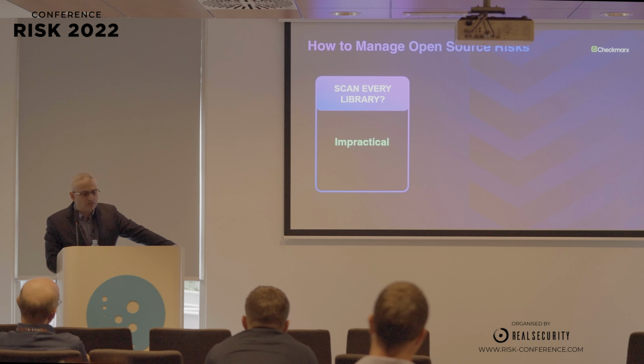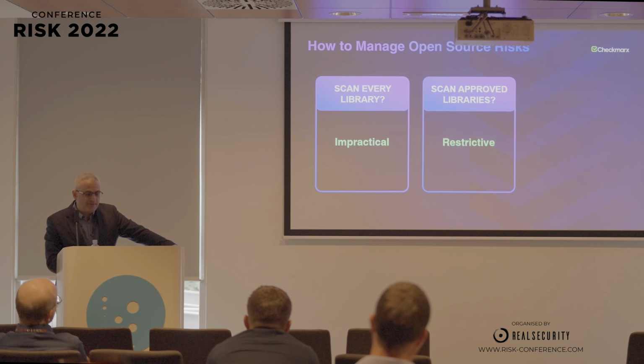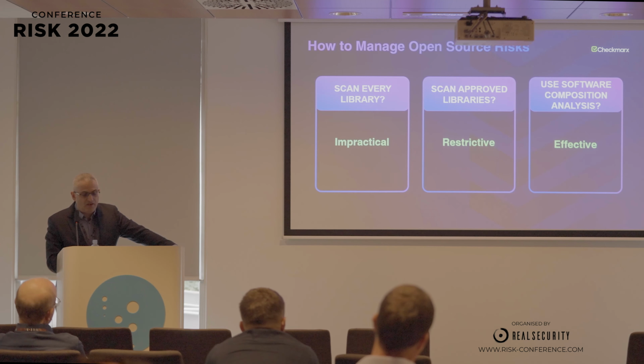You see, it's 2 million libraries analyzed. It's impossible. We can use libraries approved by our security officer, but it's very restrictive and very complicated to manage. The right way is to use an effective software composition analysis tool to analyze open source libraries.